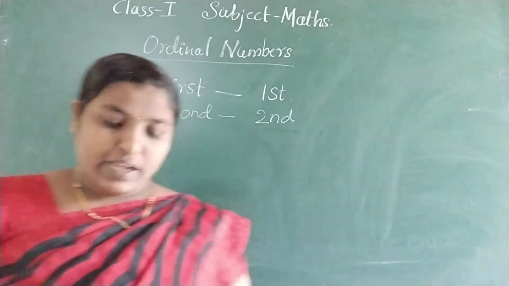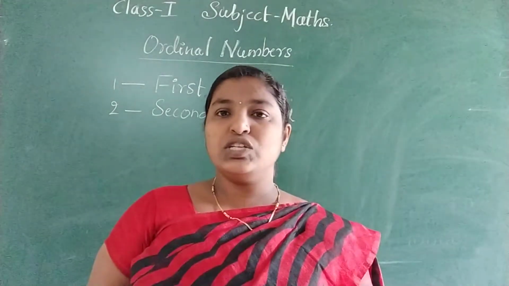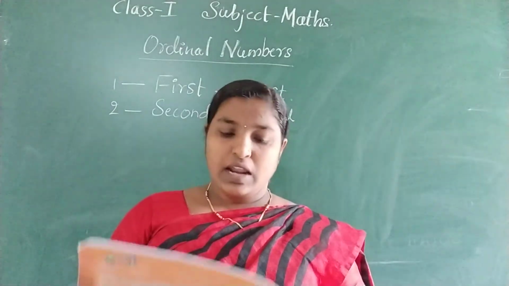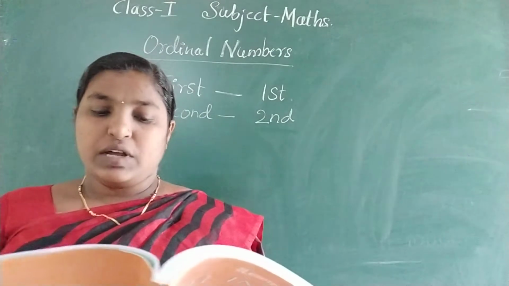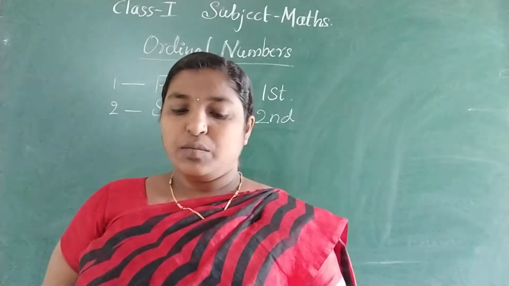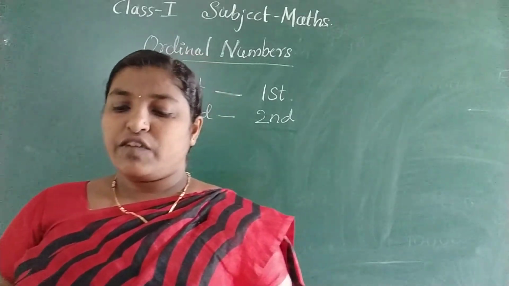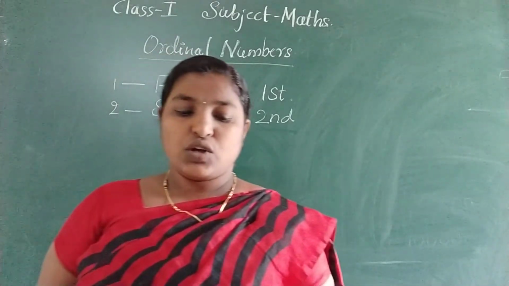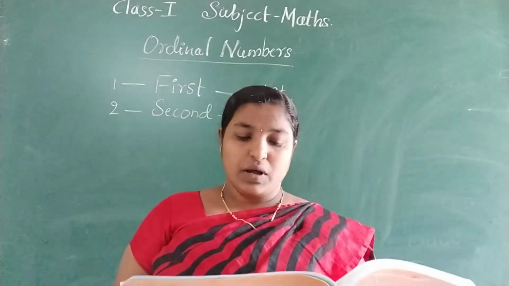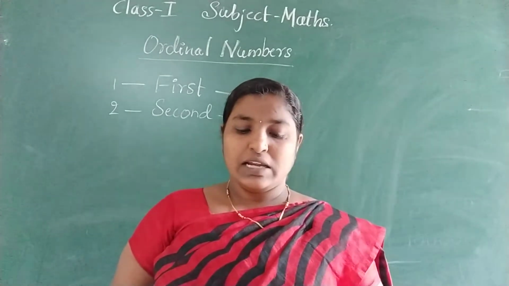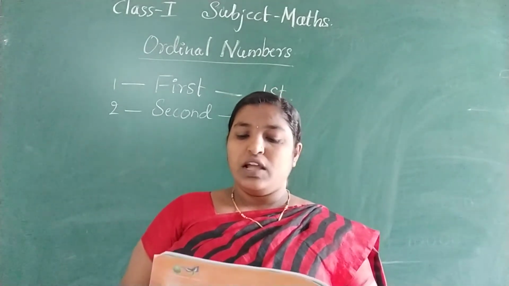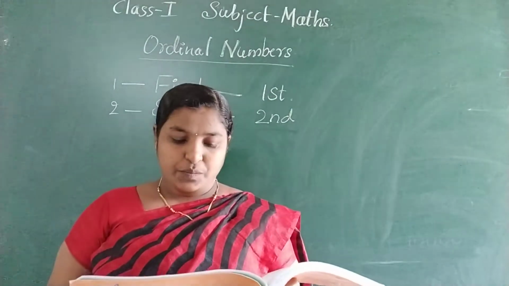Just look at your textbook, page number 209, ordinal numbers. A number that tells the position of something or someone in a sequence is called an ordinal number. Look at the picture and discuss the position of each participant.